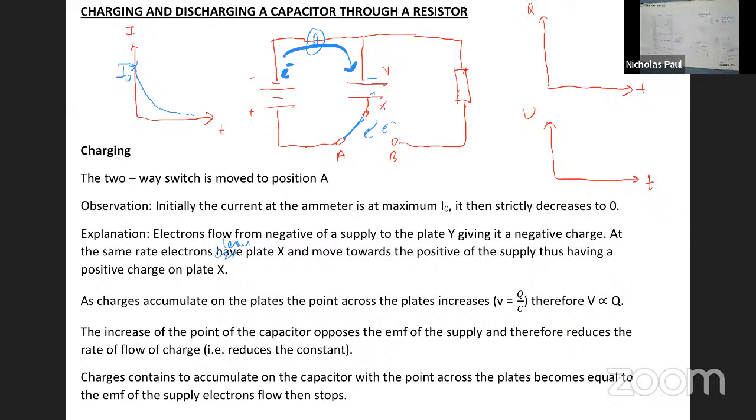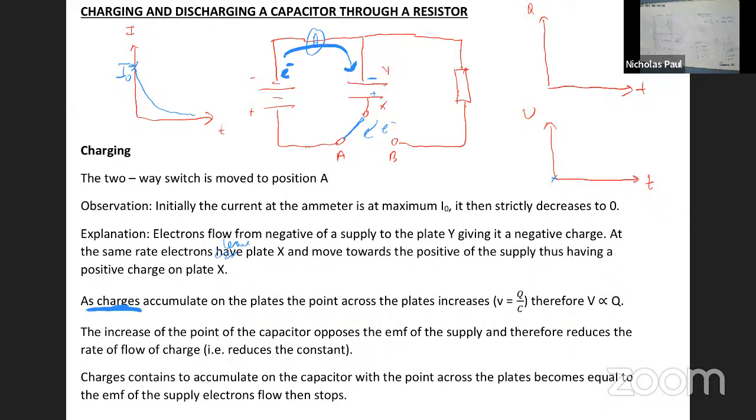So now we have a potential building up. What do you think is the initial potential? 0 or maximum value? 0. So the potential started at 0 and now it's building up, right? So that graph starts at 0.